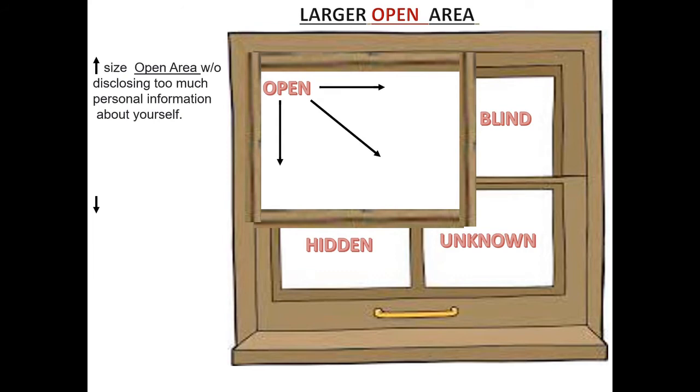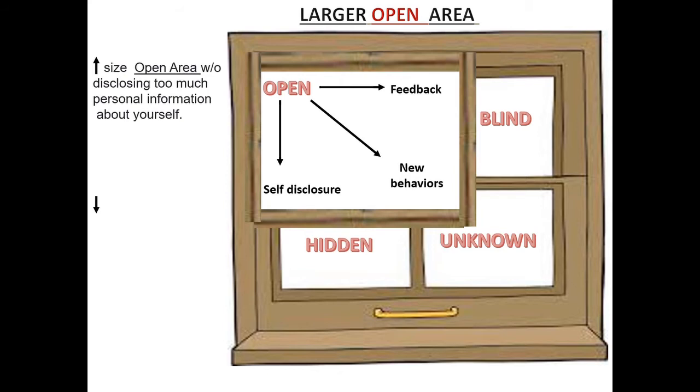And widening the open area can be done by three processes. One is that it is important to receive feedback from others about yourself. Two is to adopt new behaviors. And third would be self-disclosure.